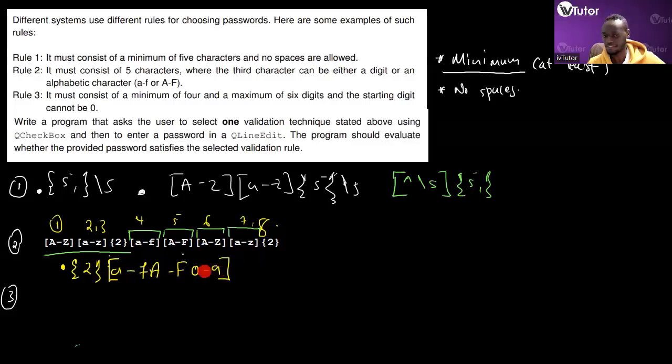This is my third character because the square bracket matches only 1. Then for my 4th and 5th, again, it can just be any character. So I put a dot and say 2 times. So at the end of the day, here I've got 2 characters here. Here's the third one, and then the 4th and the 5th are here.